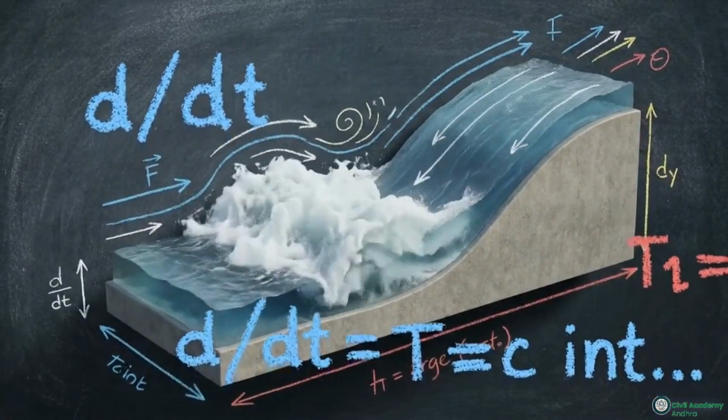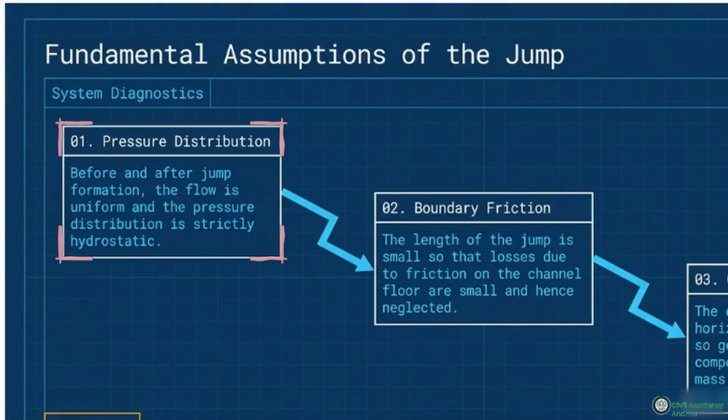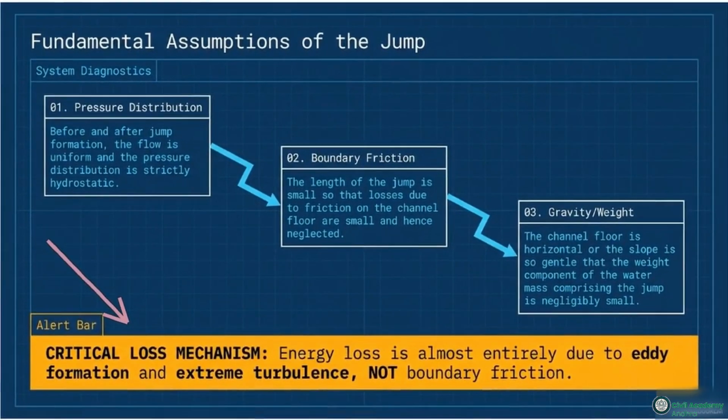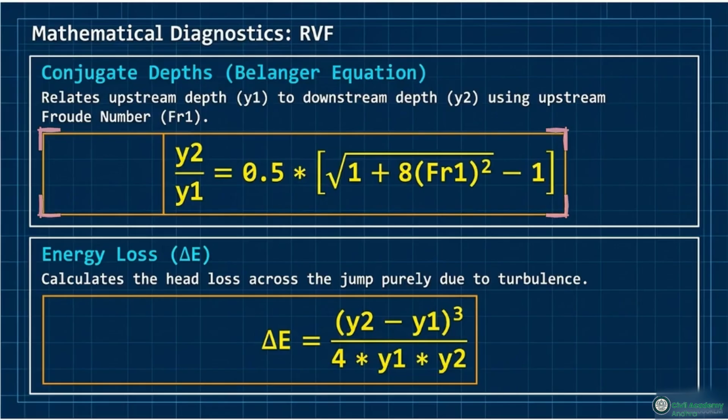To calculate the mechanics of the jump, we assume the pressure distribution is strictly hydrostatic and ignore losses from boundary friction along the floor. As the alert bar indicates, the massive loss of kinetic energy is caused by internal eddy formation and extreme turbulence. The Bélanger equation mathematically locks the downstream depth, Y2, to the upstream conditions and the Froude number.